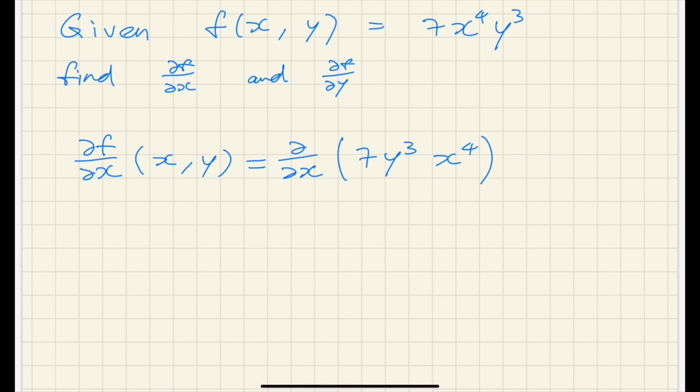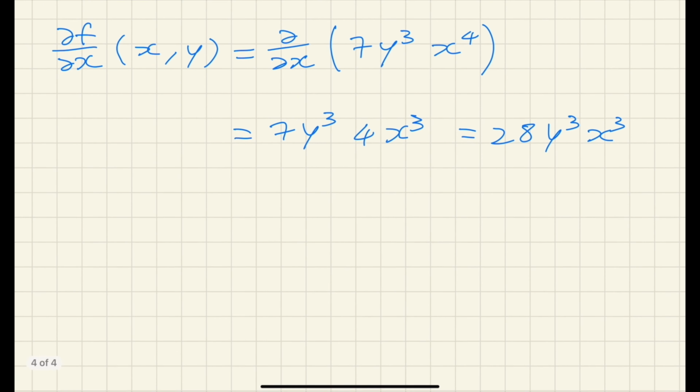We can write it like this so that we can isolate it, and then we only differentiate with respect to x. And what we get is this. This part stays constant, and then using the product rule, we get this, which can also be written as this.